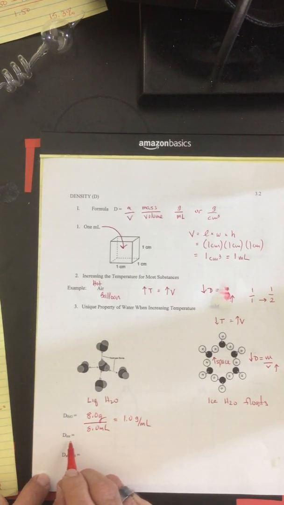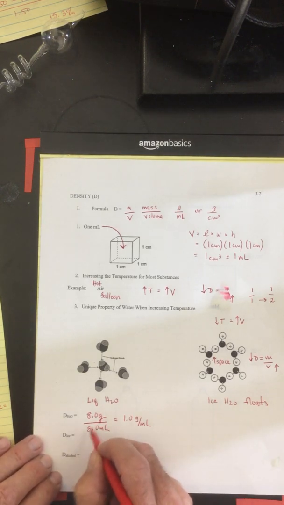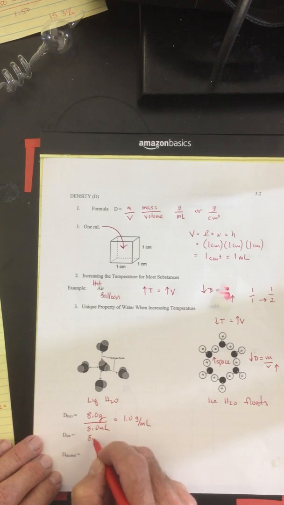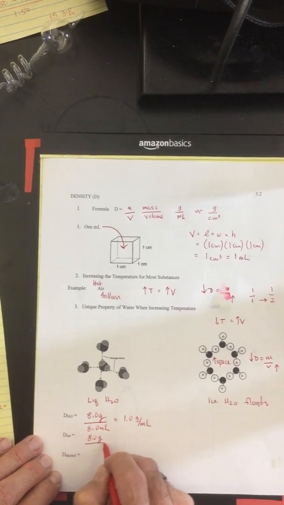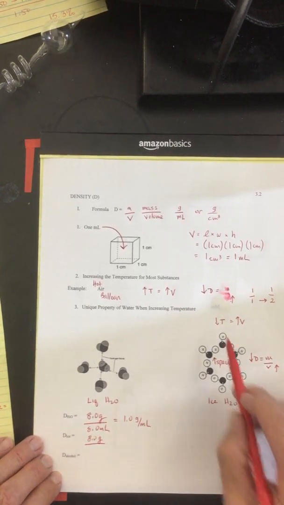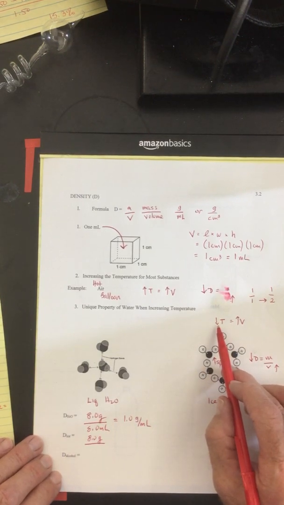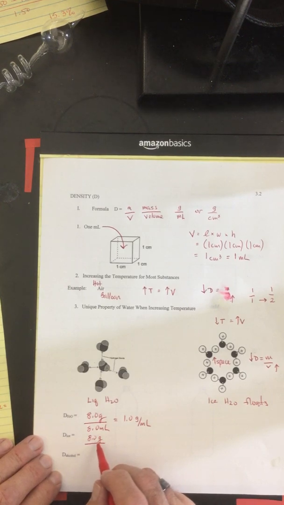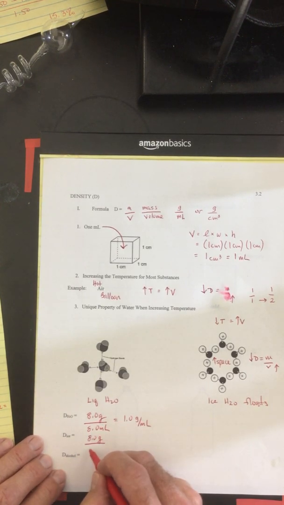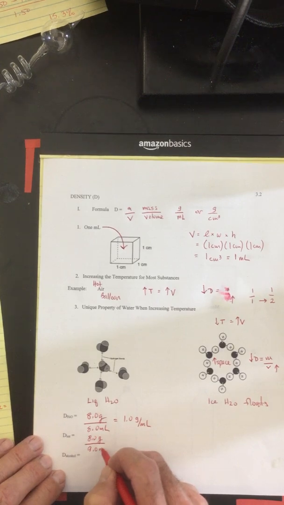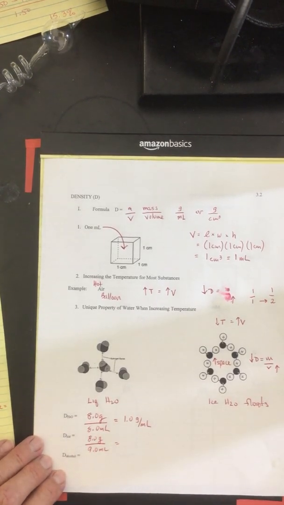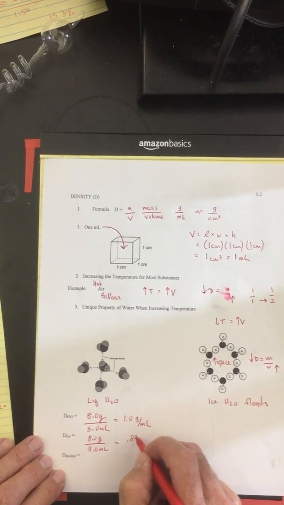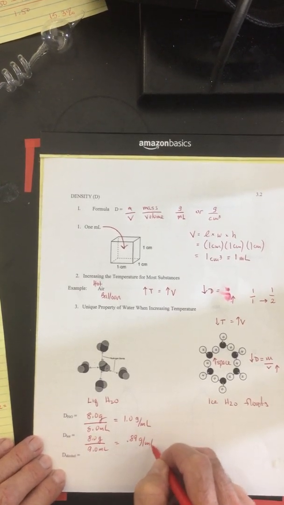Well, let's take a look at the density of ice. My 8 grams of water has not changed its mass, so it's 8.0 grams. However, if you remember, when we decrease the temperature, we're now in the ice form, my volume is going to expand. 8 grams actually will approximately expand to 9.0 milliliters. And if you plug this on the calculator, the density is going to be 0.89 grams per milliliter.